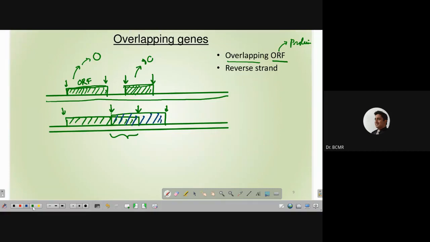When this part is read, it will produce a protein, something that might look like this. And when this one is expressed, it might produce a protein, something like this. But these two are overlapped. That is what is meant by overlapping open reading frames or genes. The third one is a little bit different.